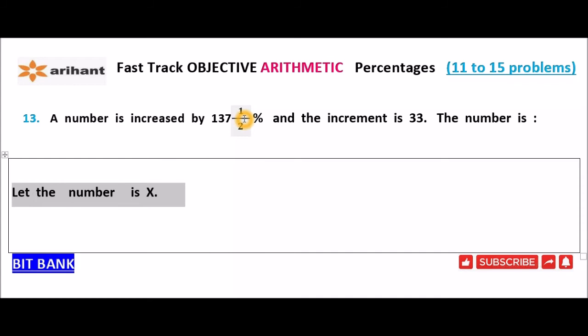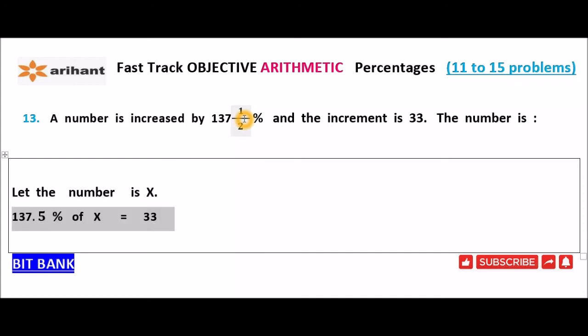Increment is 33. So 137.5% of x is equal to 33. I want the value of x. 137.5 by 100. If I send this 137.5 by 100, the other side becomes reciprocal, 100 divided by 137.5. So x is equal to 33 into 100 divided by 137.5.